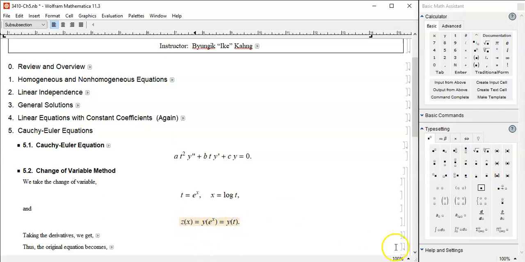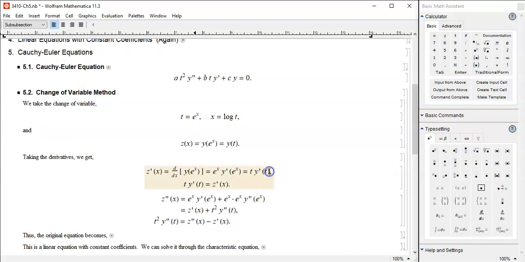Okay, how does it help? If you take the derivatives, you're going to get something like this. Take the derivative z prime of x, and that's the same as taking the derivative of y of e to the x. By the chain rule, this is what we are going to get: the derivative of the outer function, y prime, with the inside staying the same, and we multiply by the derivative of the inside.